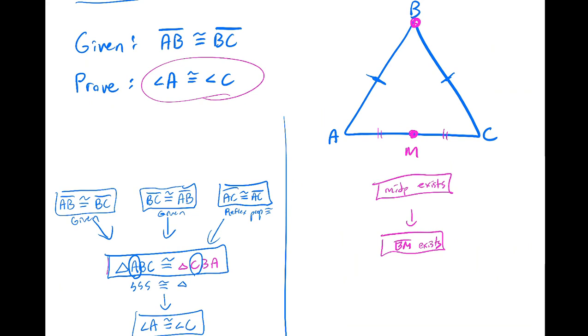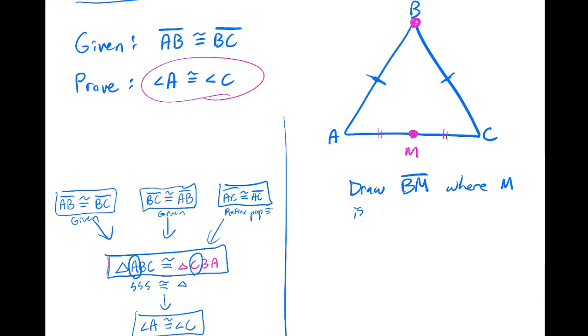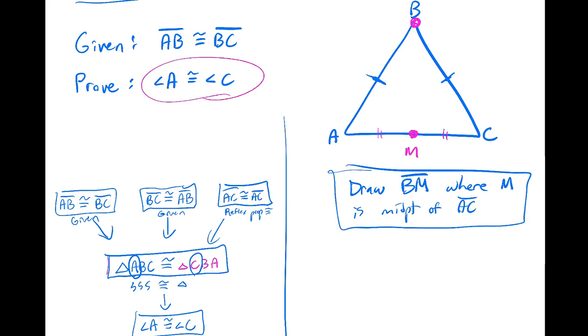But instead, you know what? I'm just going to go ahead and say draw B to M, where M is the midpoint of AC. And you don't even need to give a reason for that, but that's just an underlying start to a proof.